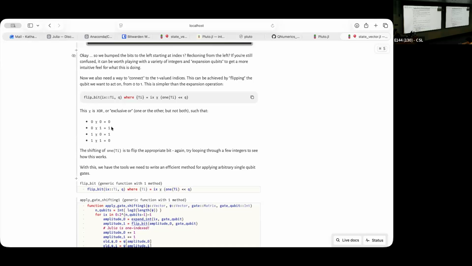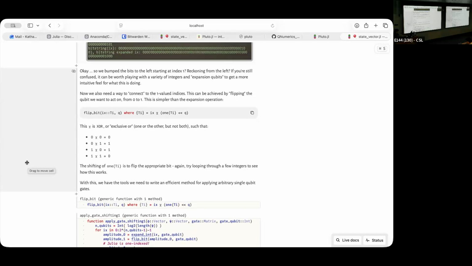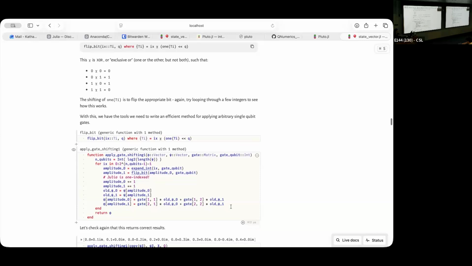Again, we can loop through this if you want to and see how it works. I didn't include the for loop down here, but you could easily do so to show some input bit strings and then the result after flipping certain bits at certain positions. The final result is that we can have a shifting gate applicator that has the same result as the reshape, permute, reshape, but in a much more efficient way.